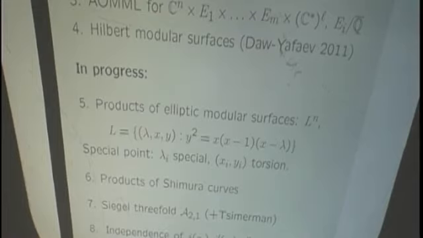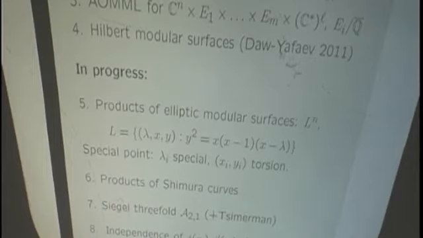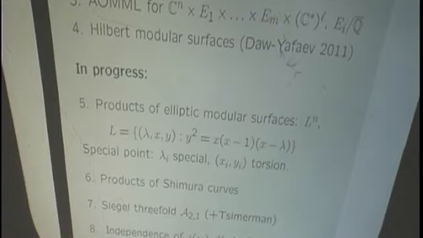this technology. Also, one can prove generalized versions where you take C^n, cross a bunch of elliptic curves, cross a bunch of copies of G_m, and you can prove the generalized André-Oort there. And there are other results in progress for products of elliptic modular surfaces and so on.